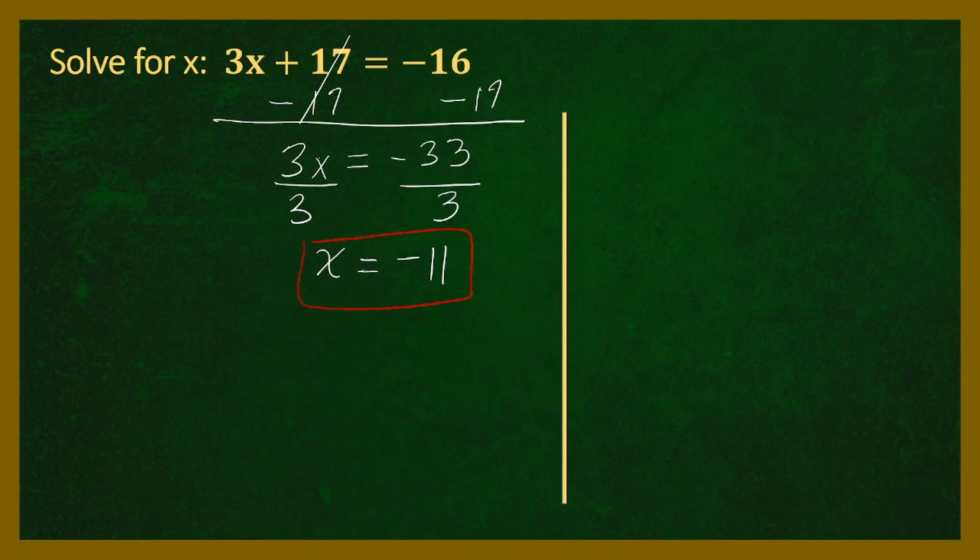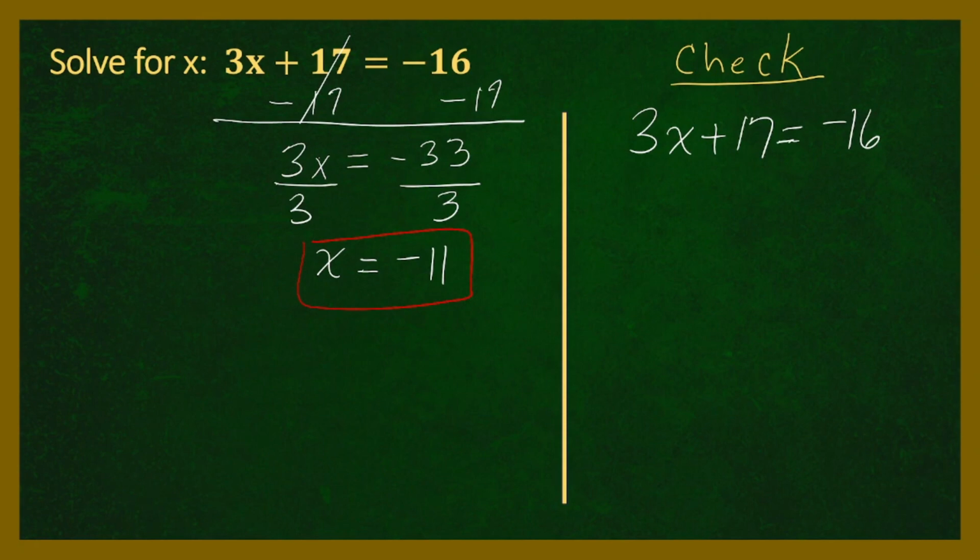Now we are going to check our answer using the substitution method. We do that by taking our initial equation, 3x plus 17 is equal to negative 16, and we plug in the value that we received for x, which is negative 11.